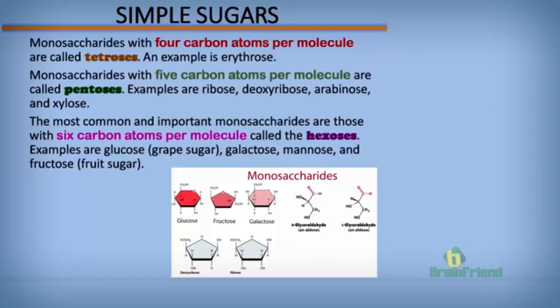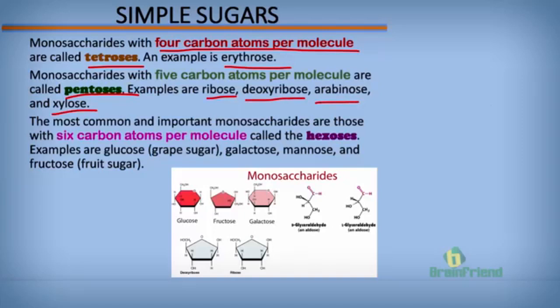There are some monosaccharides with 4 carbon atoms per molecule, and they are called tetroses. An example is erythrose. Monosaccharides with 5 carbon atoms per molecule are called pentoses. Some examples of such monosaccharides are ribose, deoxyribose, arabinose, and xylose.